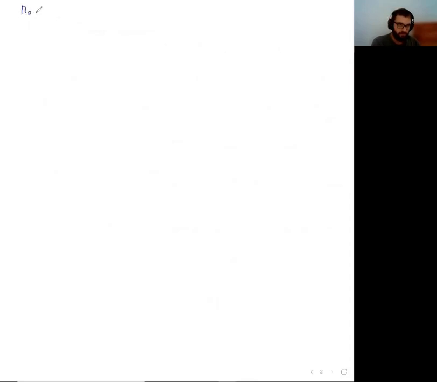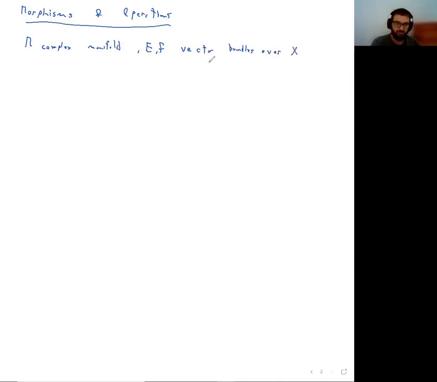So this starts a new part called Morphisms and Operations. In particular, we're going to start with a complex manifold. It can be smooth, but I prefer complex. And we take vector bundles E and F over X, of course.